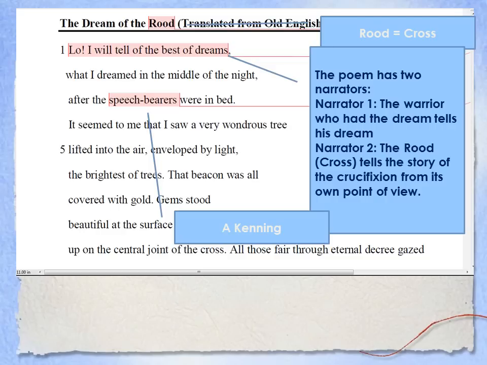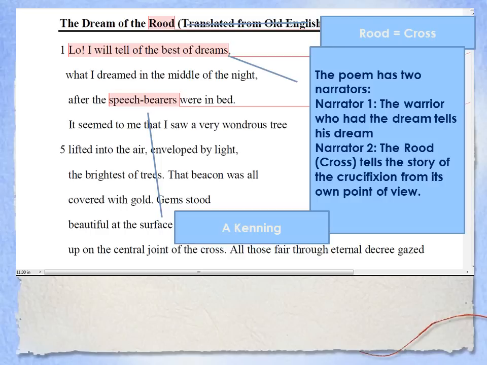Okay, of course, when they talk about rood, they mean cross. That's just another word for cross. Also notice how the poem has two narrators. The first narrator is the warrior who's actually dreaming the dream and telling the story. And the second is the cross. The cross tells its own story from its own point of view of the crucifixion and how the cross felt during that.